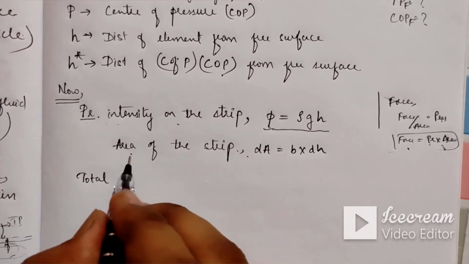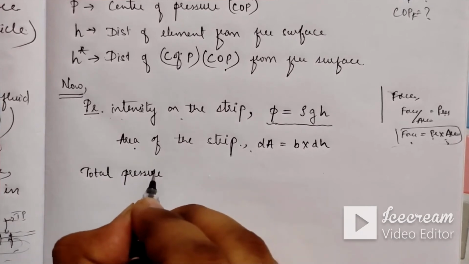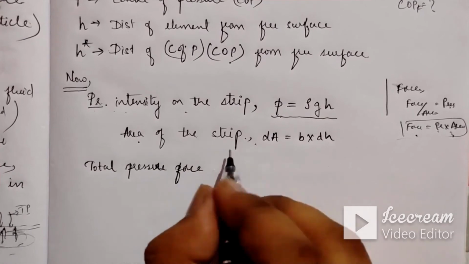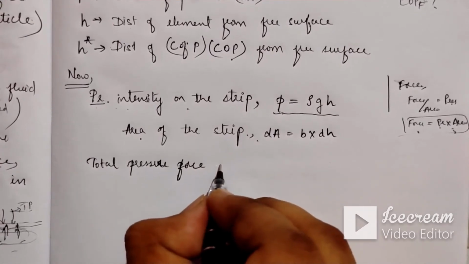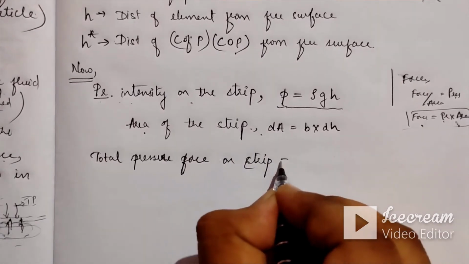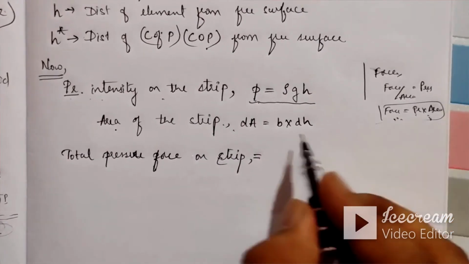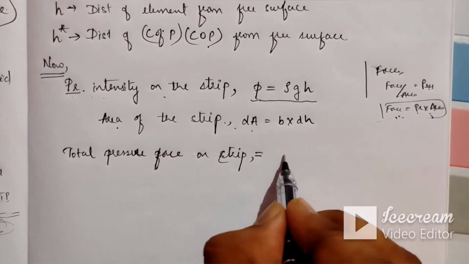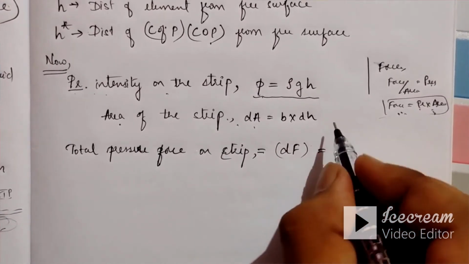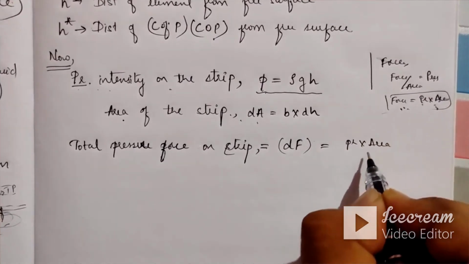Now we know the pressure, we know the area. Now what? Total pressure force on the strip. Force is equal to pressure into area. I'll take small area, so small force, dF is equal to pressure into area.